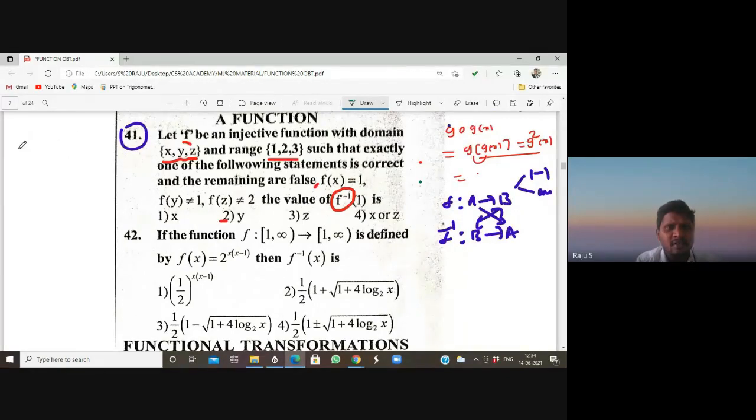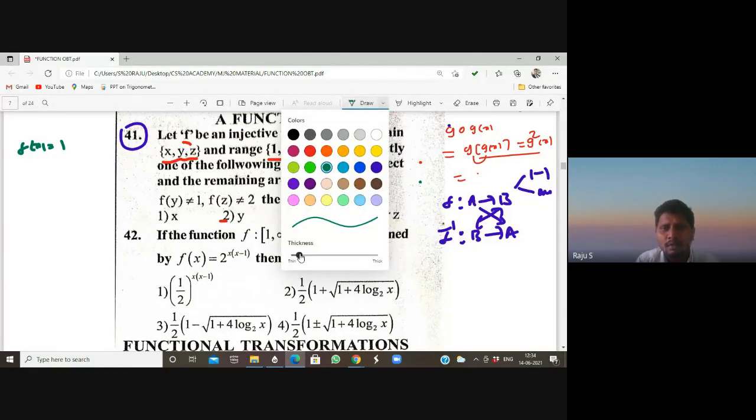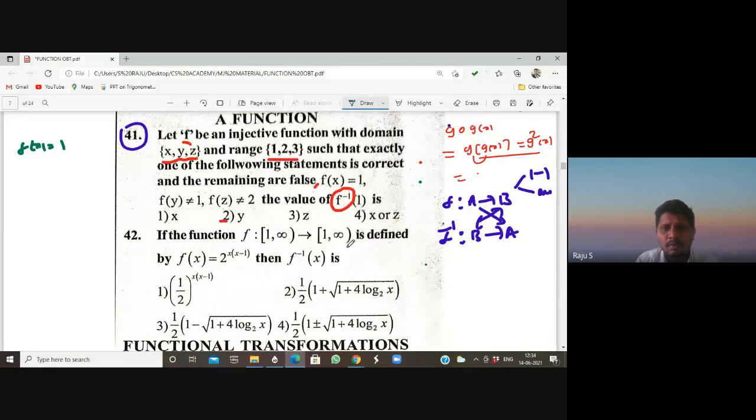So concentrate here. F of x clearly equal to 1 they given. Fine, students. Now, first condition. What is the first condition here? F of x is equal to 1.